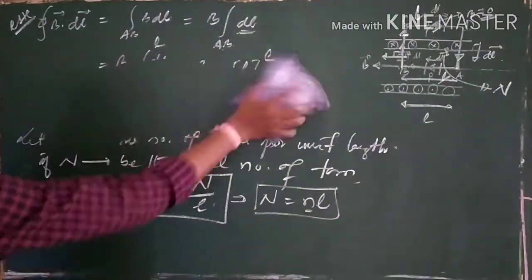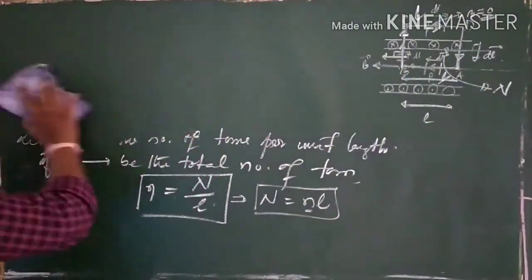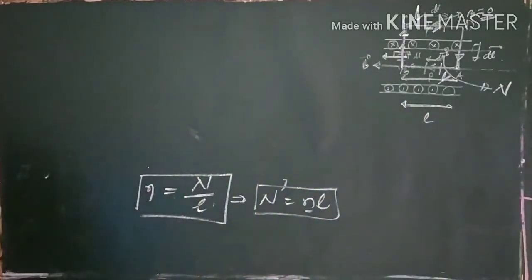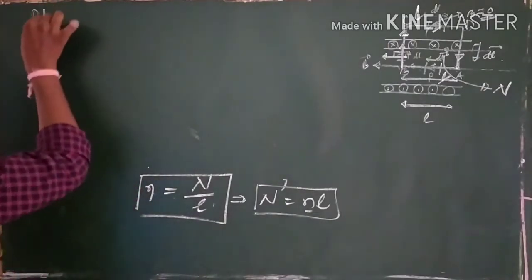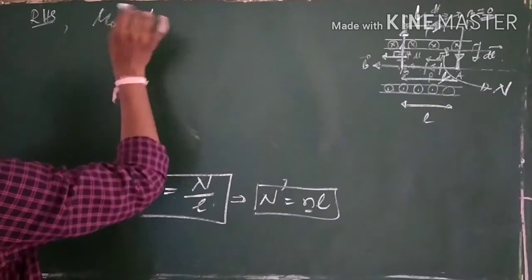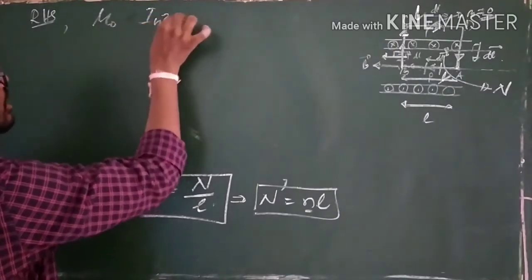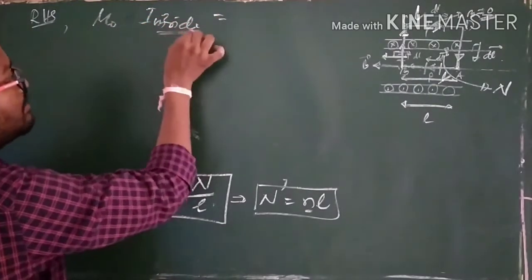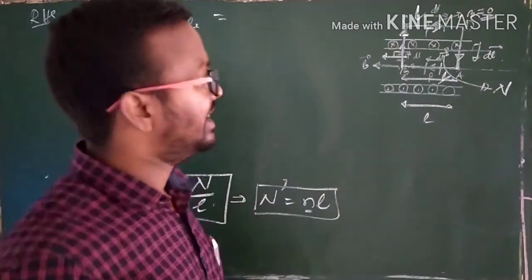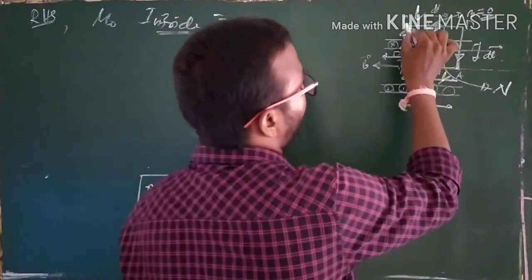Now we come to the right hand side of Ampere's circuital law. What is the right hand side? Mu naught times I inside. What is I inside? I inside means the total current inside the Amperian loop.